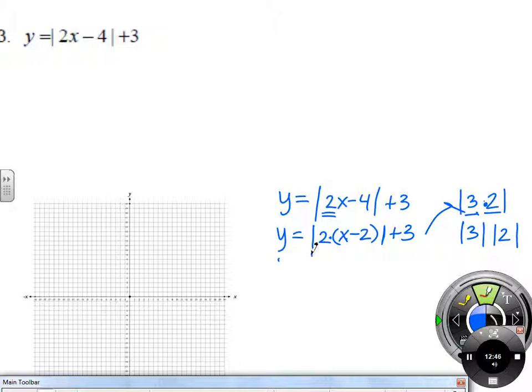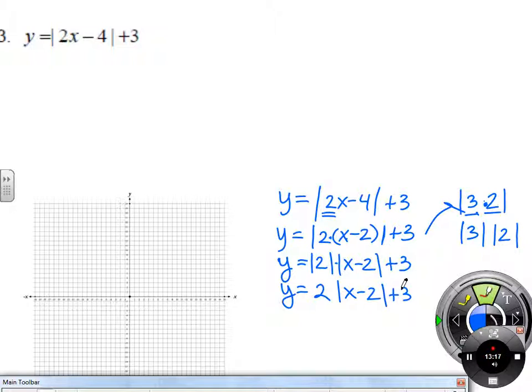So I can separate the 2 as its own absolute value and the x minus 2 as its own absolute value, still multiplying each other. And so the reason that that's helpful is because the one that's just a number, I can find the absolute value of it because I know how to do absolute value. So the absolute value of positive 2 is still positive 2. Okay? So this is just something that you can use to help you transform any absolute value function into this a, h, k form. All right?